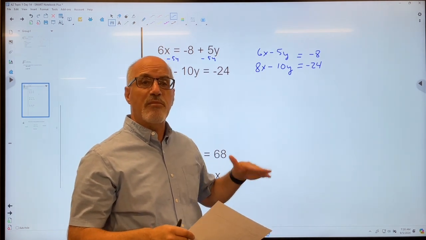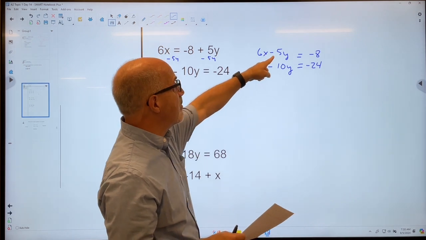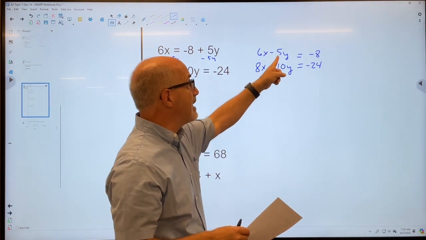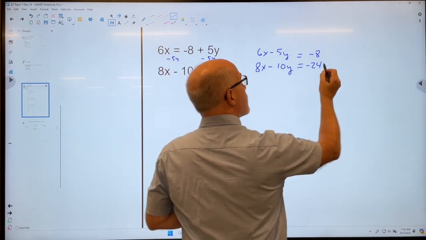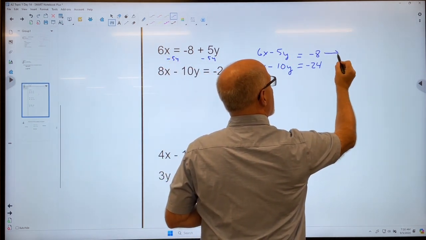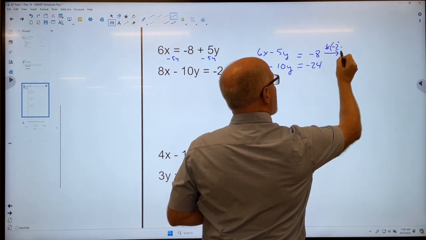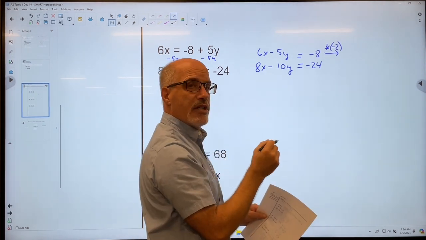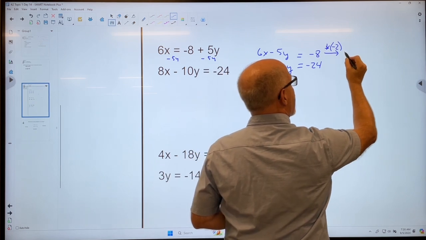So you can do that, multiply both equations if you want to, but a simpler solution is if I multiply that top equation by negative 2, this will become a 10y. That'll be the opposite of the negative 10y. So what I'm going to do is I'm going to multiply this equation by negative 2, multiply every term by negative 2, because what you do to one side of the equation you have to do to the other. Negative 2 times 6x is negative 12x.